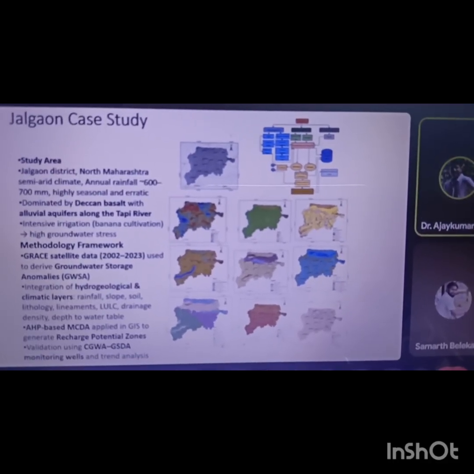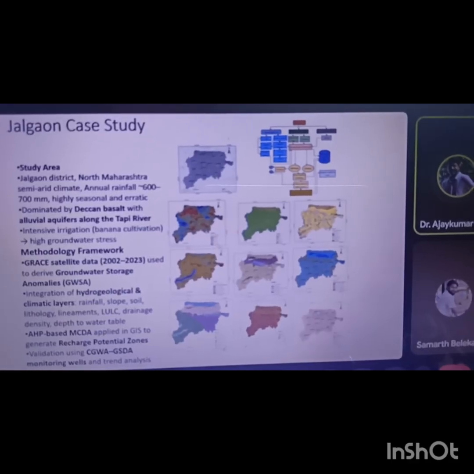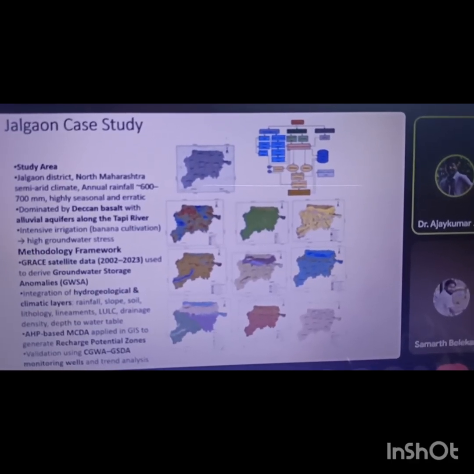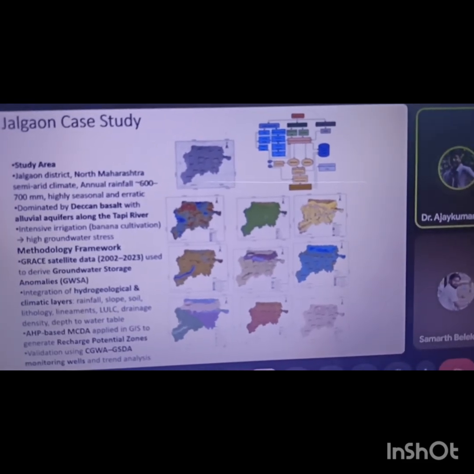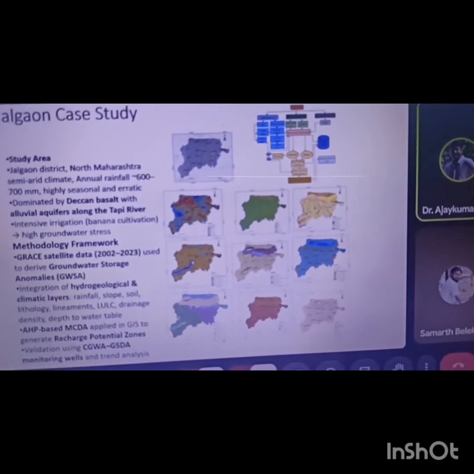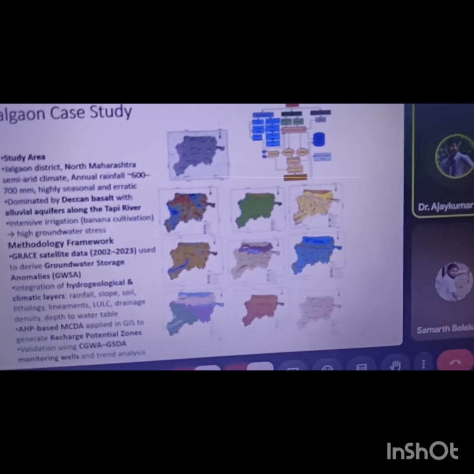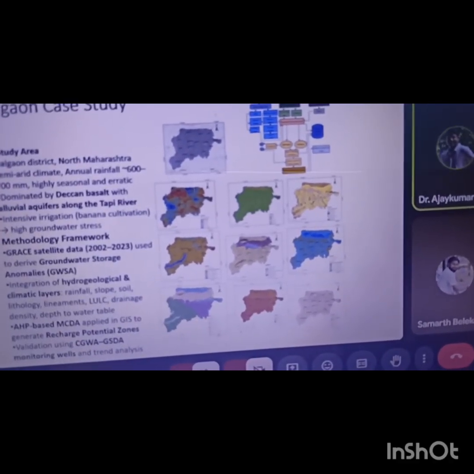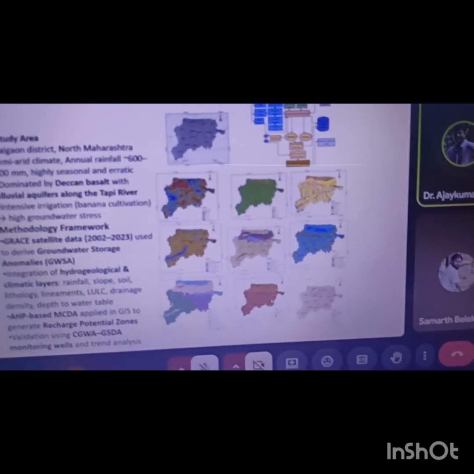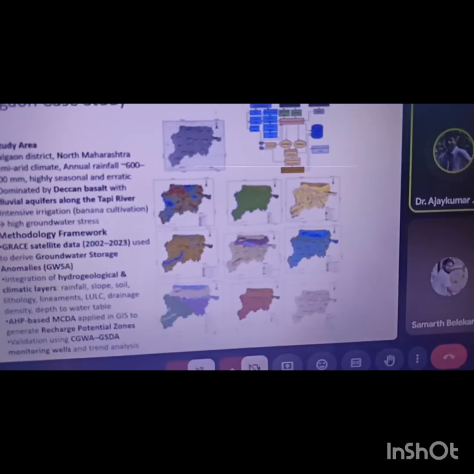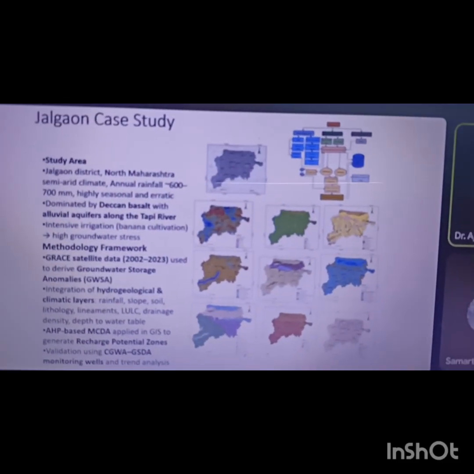As I said previously, whenever you do spatial data integration, this spatial data includes rainfall, geology, land use, land cover, drainage, soil type, lineament density, geology, then GRACE data, and weathered zone data. All this data and its integration will be done in the GIS background.